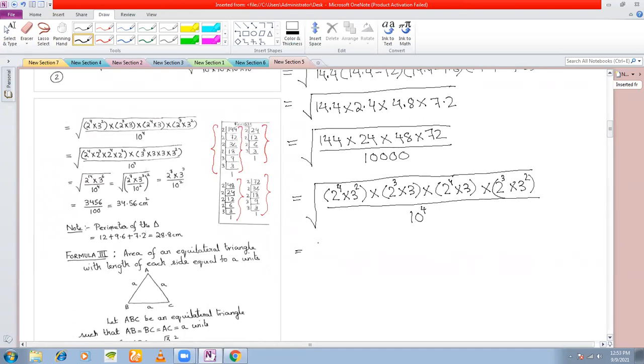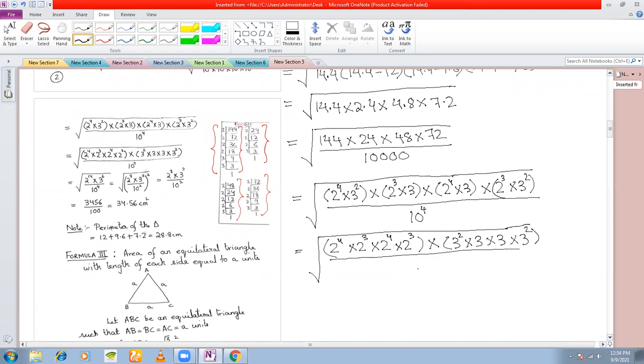Now what you do is you collect the 2's together and the 3's together. Ten to the power of 4 you can write as 10 square whole square.